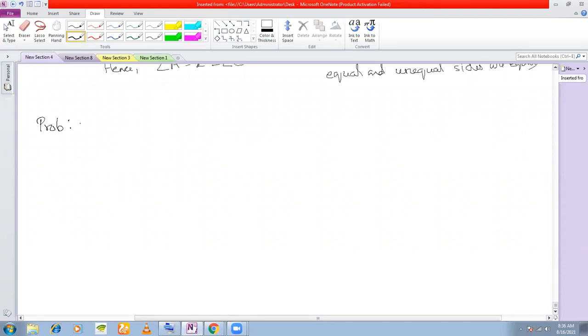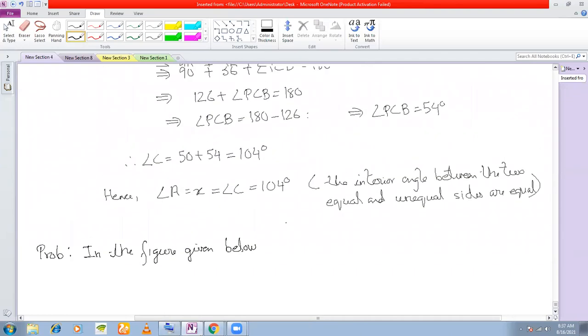In the figure given below, PQRS is a kite. Find the values of x and y.